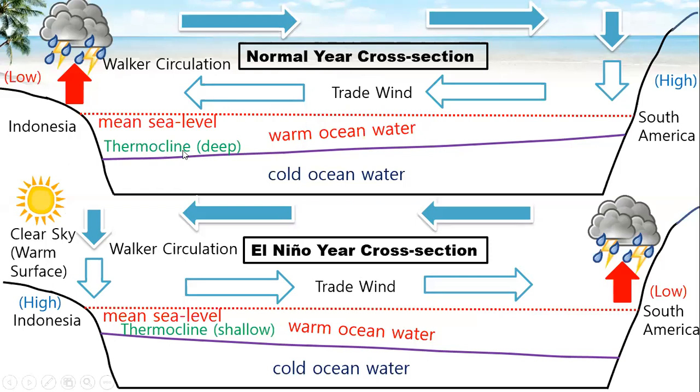The thermocline is deeper in the Indonesian maritime continent, while in South America the thermocline is shallower. So we can see these two ocean conditions. During a normal year, there is warm water in the Indonesian archipelago and cold ocean water in South America.